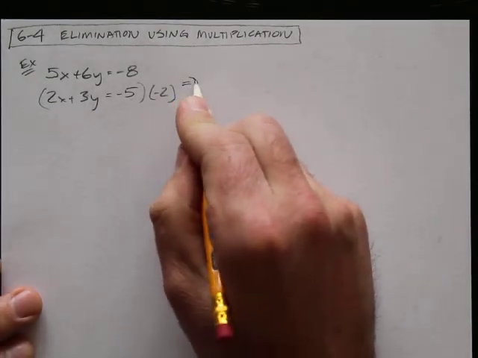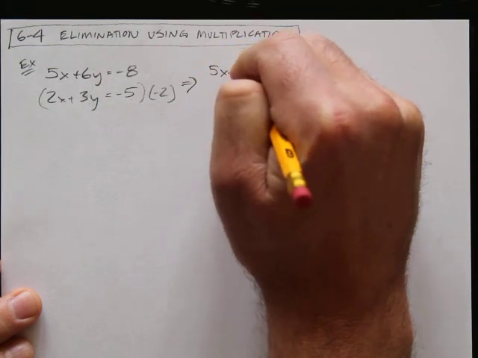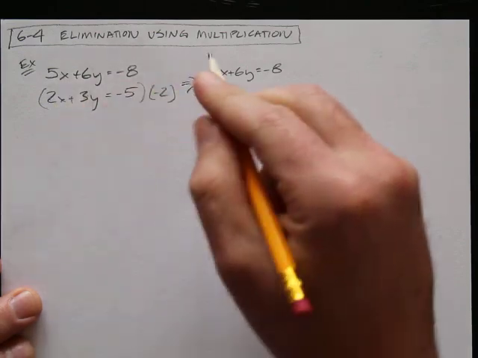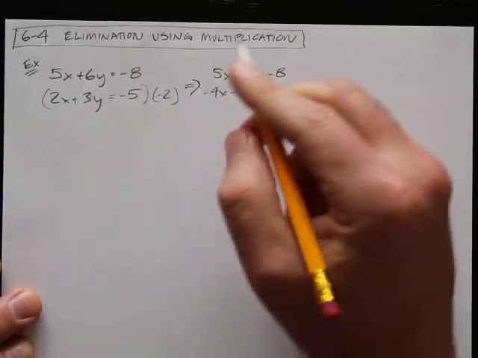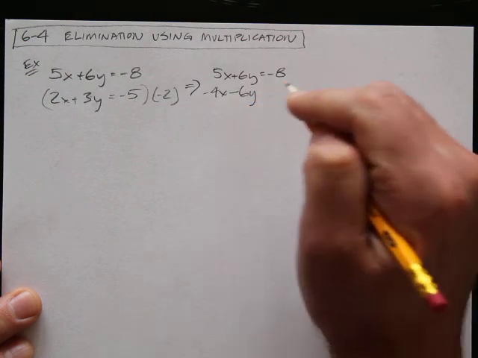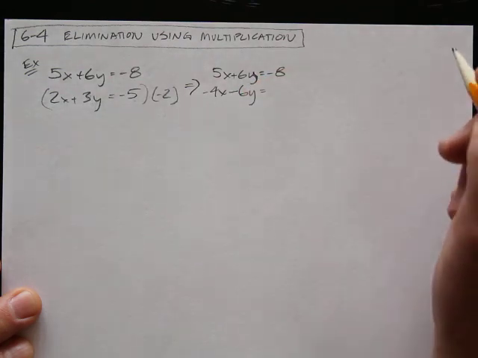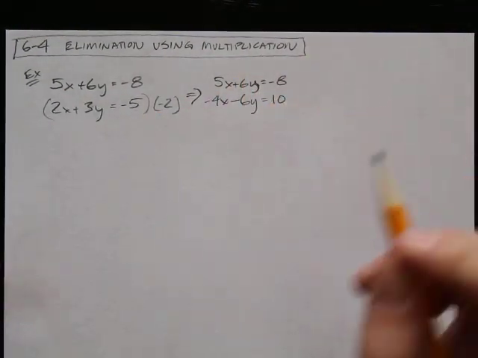And so I'm going to rewrite this whole mess here. 5x plus 6y equals -8, over -2 times 2x is -4x minus 6y equals -2 times -5, which is +10.